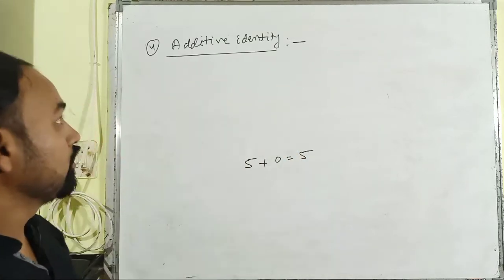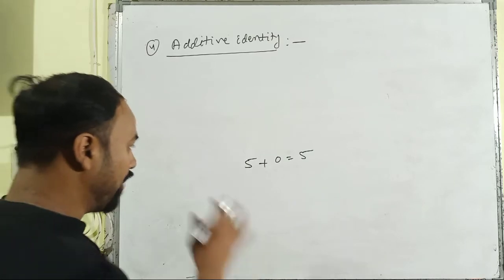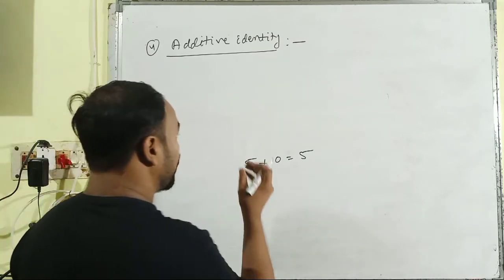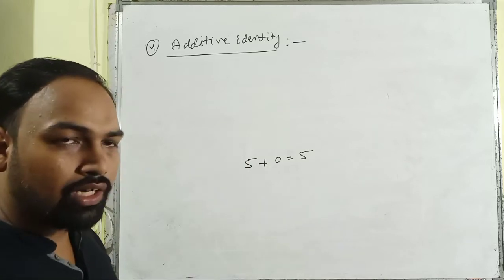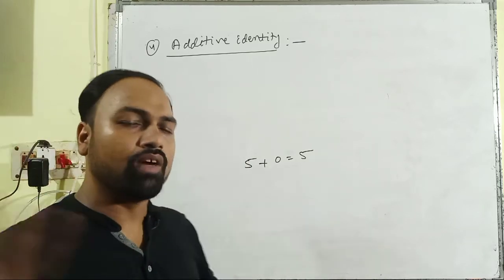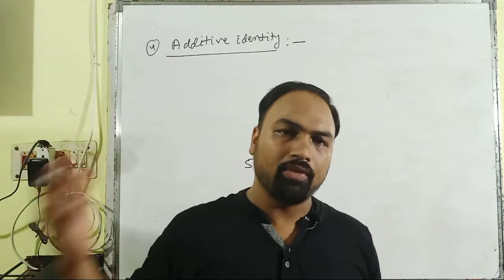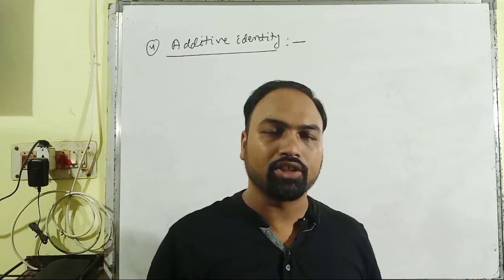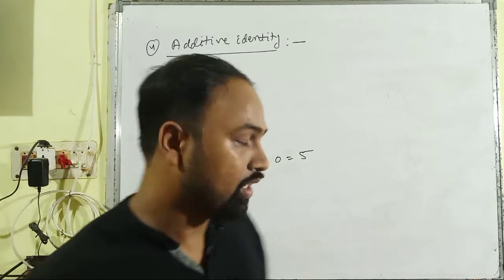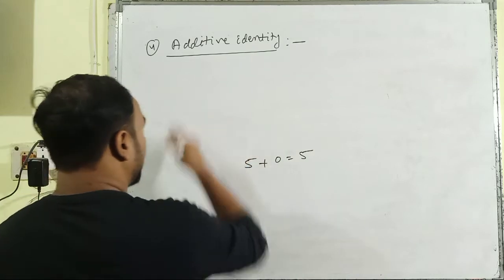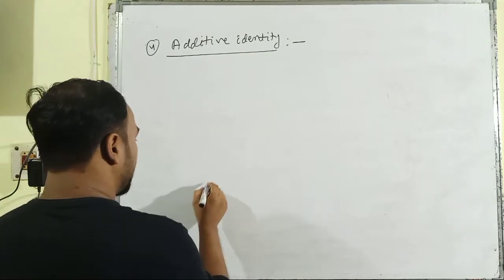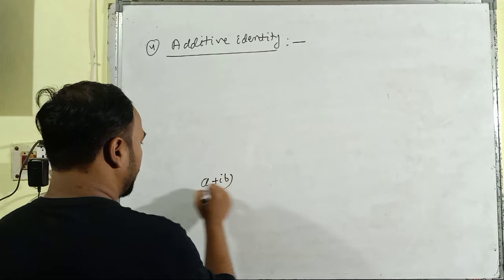So in the complex number set, we have to find such a complex number so that whenever it is added to any complex number, it will be obtained as the same complex number that is given. Suppose a plus ib is any complex number.